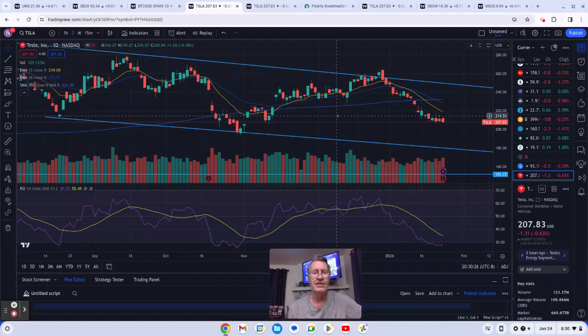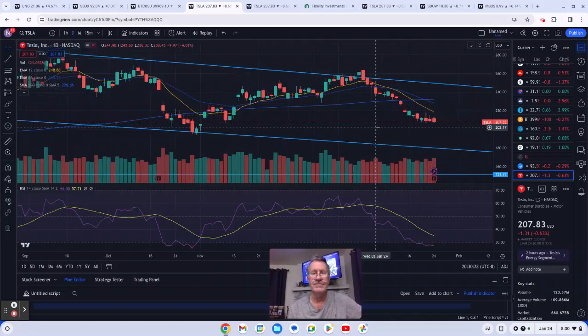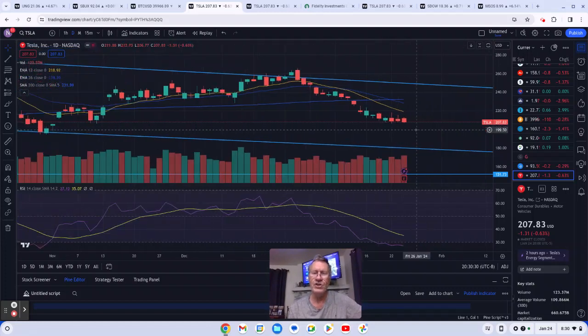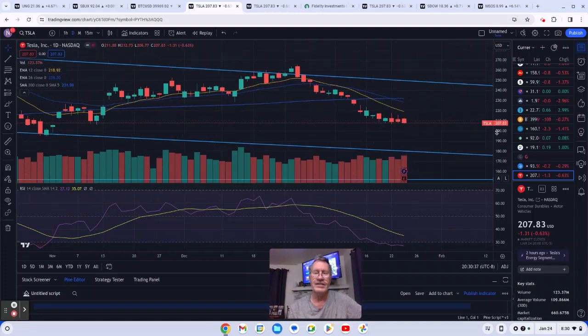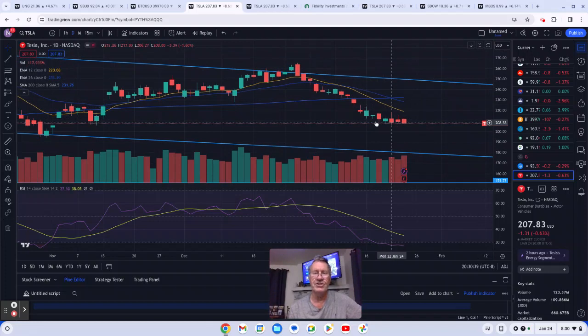Here's the daily chart where we stand on Tesla. Looking at the last 4 to 5 days, we're basically just trading sideways. Every time we try to push up, we reject and do not make a higher price relative to the last time we tried to move to the upside.